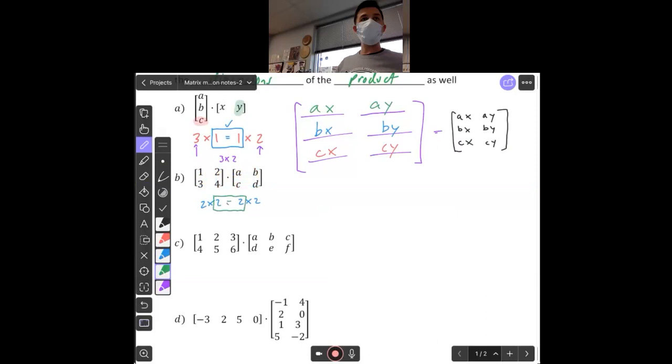So these are. That means we can do the problem. Then you look on the outside, and that tells you how big your answer is. So this is a 2 by 2 answer. So 2 by 2 times a 2 by 2 gives us another 2 by 2. Not anything to memorize, it just happens.